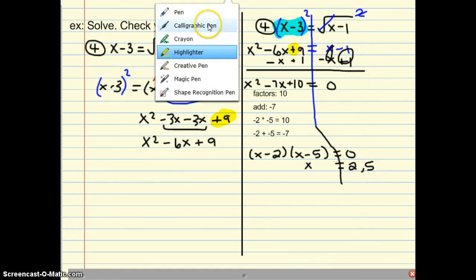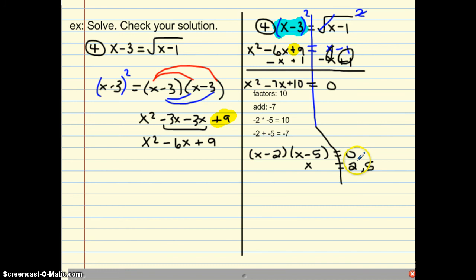Now, if I plug in 2, well, 2 minus 3 equals negative 1, which is no good.